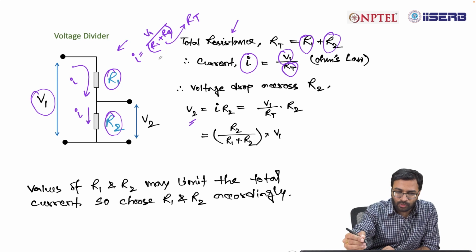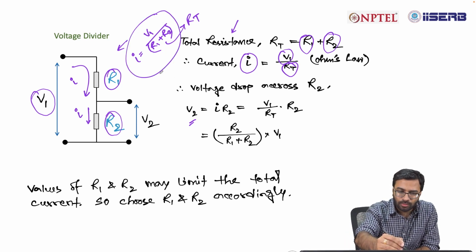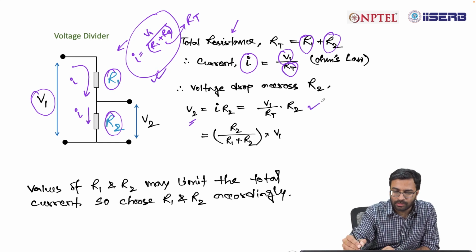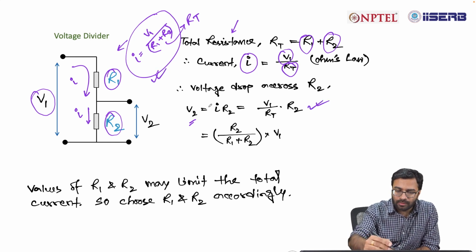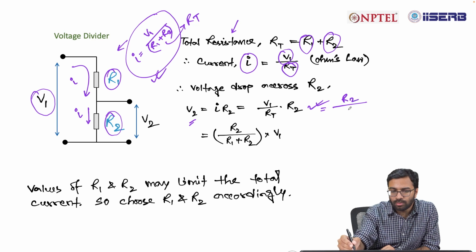Now you can put in the value of I. If you put the value of I in this equation, V2 is equal to R2 into V1 divided by R1 plus R2.